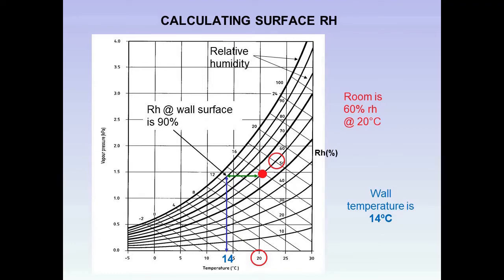And where those two meet, in this case, it gives us a relative humidity at the wall surface of 90%. So at 14 degrees, the relative humidity would be 90%. And this is certainly sufficient to allow certain moulds to grow, as we will see later, if it remains static.